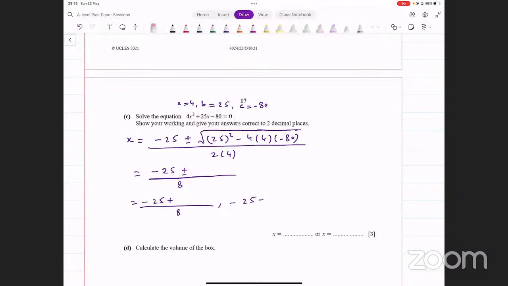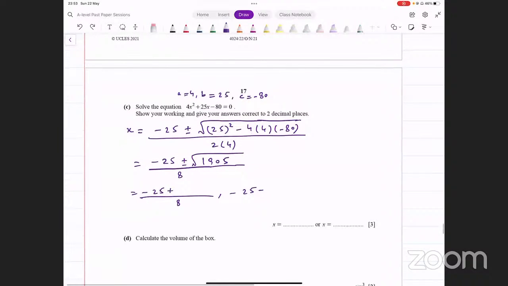Square root के अंदर मेरे पास actually कुछ और आ रहा है यहाँ पे. This is 1905. So this is 1905. 25 square plus 4 into 4 into 80. Yes, I don't know what I did earlier. Yeah, so मैंने यहाँ पे इसको multiply कर दिया था instead of adding or subtracting. Okay, so what do we get from this?